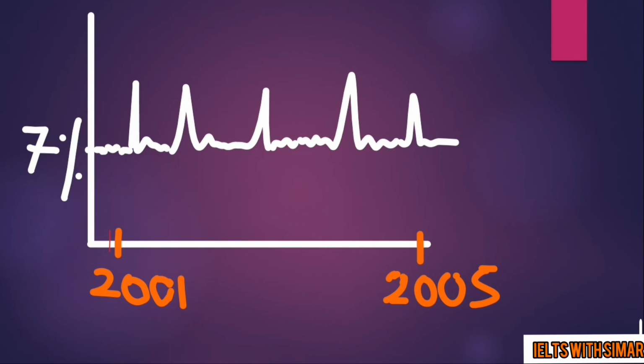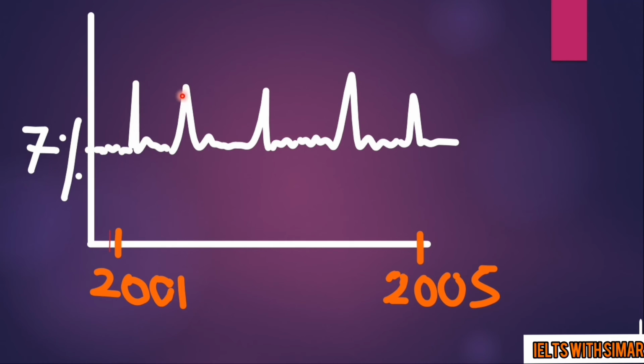Now look at the other typical graph. First of all, I want to tell you that this is a fluctuation, but we can't write it as fluctuation in our exam because it is something different from a fluctuation. Look at the graph carefully: this is 7% data, and again it goes upward and comes down at the same position, at the same 7%.